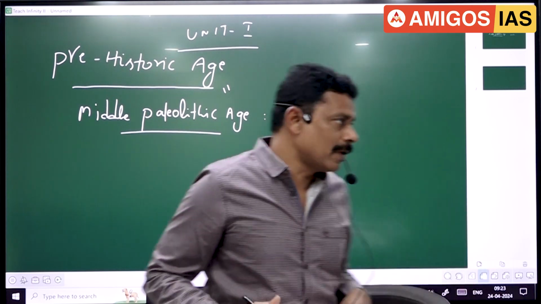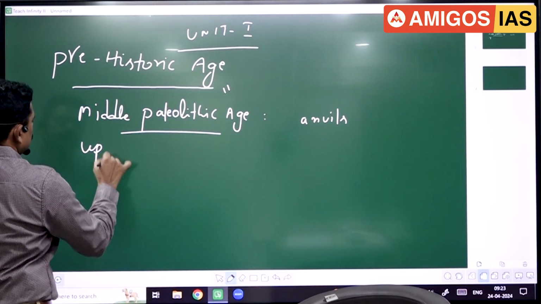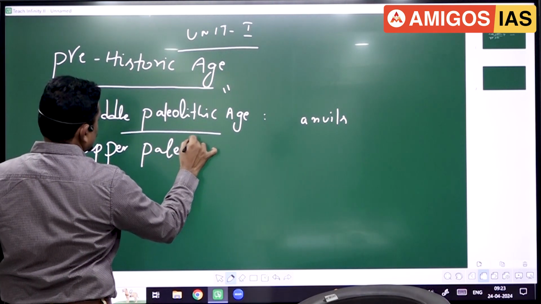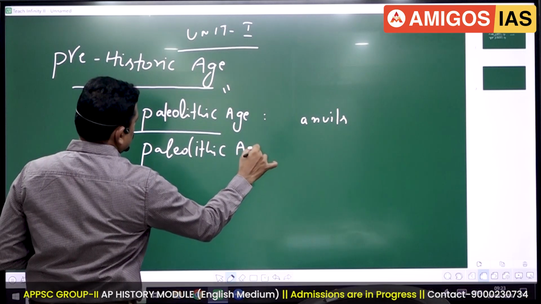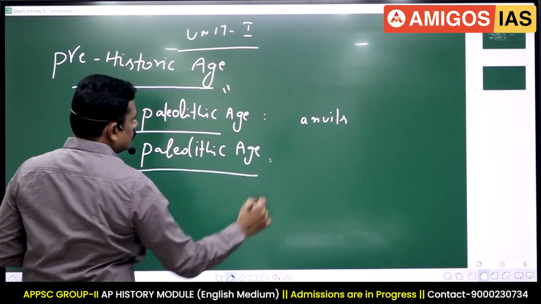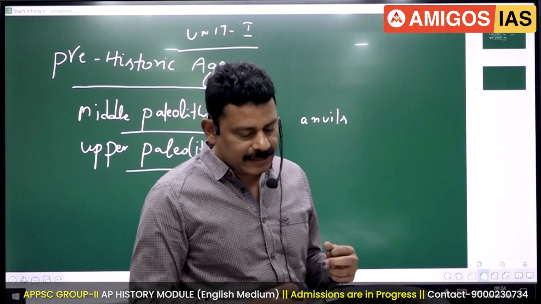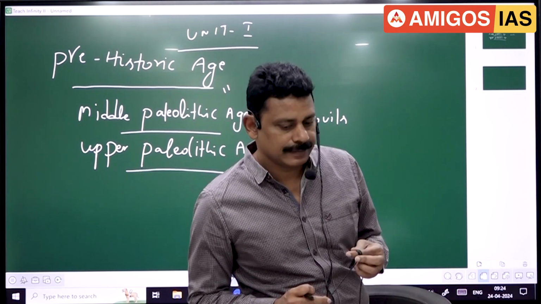Next period, Upper Paleolithic. It commences around 40,000 BC and goes up to 10,000 BC.